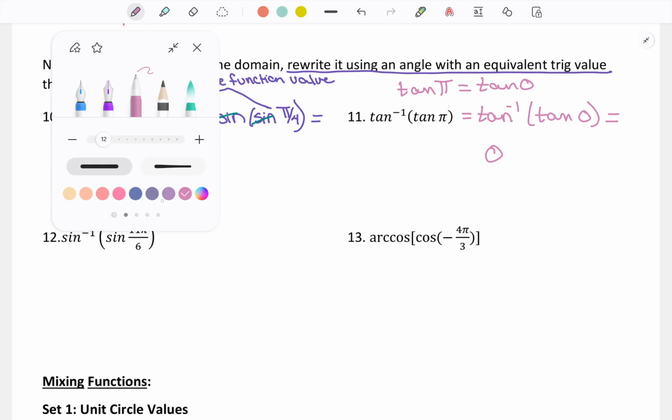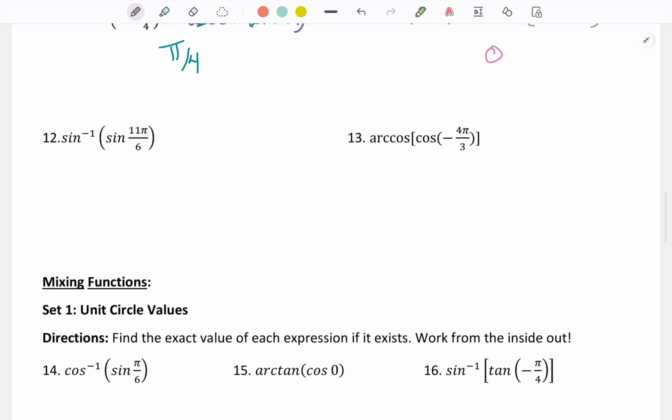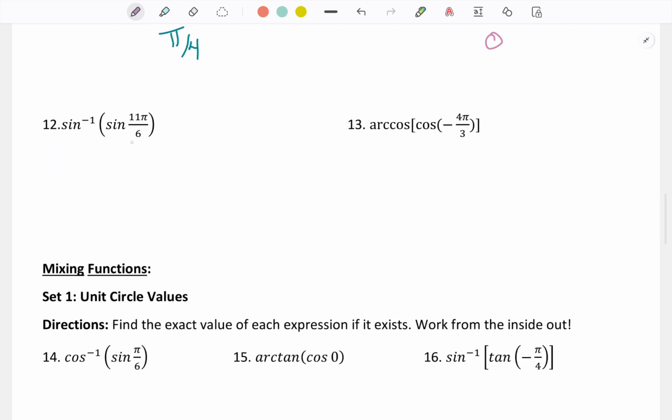If we look at number 12, we have the arcsine of sine of 11 pi over 6. So in this case, we just need to actually state this differently.